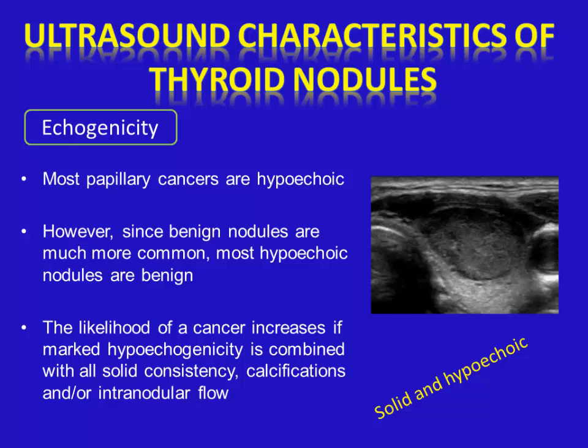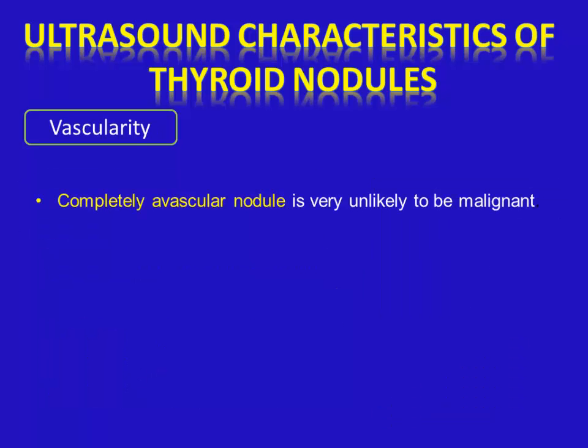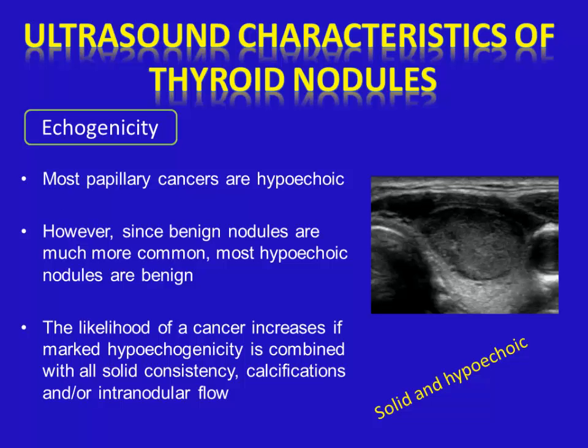The echogenicity. Most of the papillary thyroid cancers are hypoechoic. However, because the most common lesions inside the neck, as we said, are benign nodules, and some of them are hypoechoic, most of the hypoechoic nodules that you are going to see are benign.